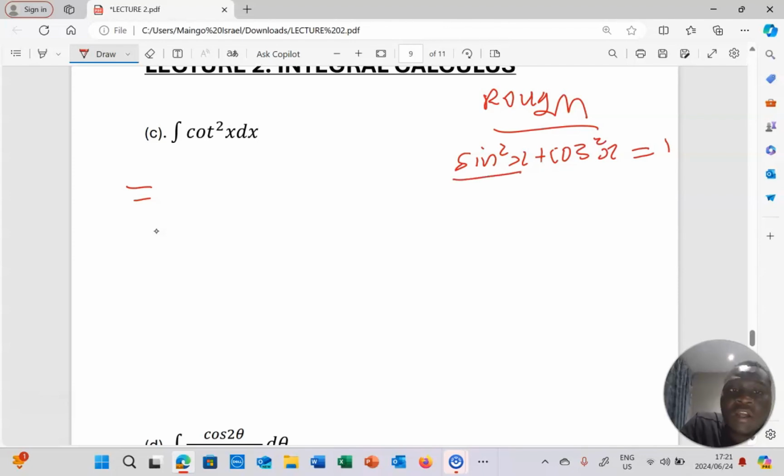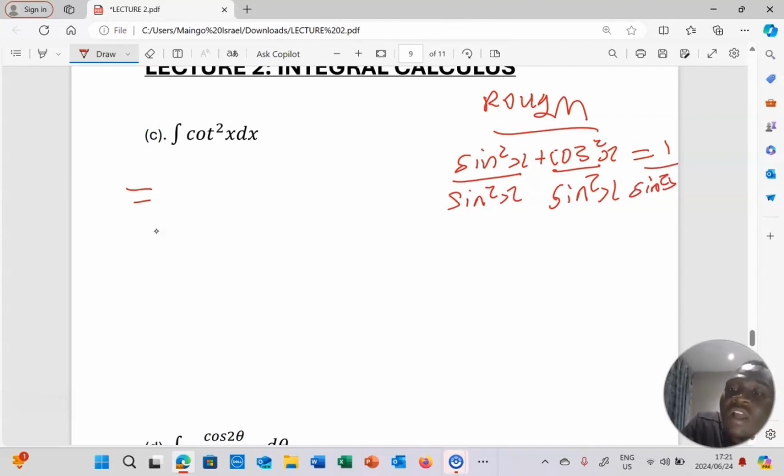If we divide through each and every term by sine squared x, then we'll have 1, and here we have 1 over tan, which is cot squared x, equals 1 over sin squared x, which is cosec squared x.